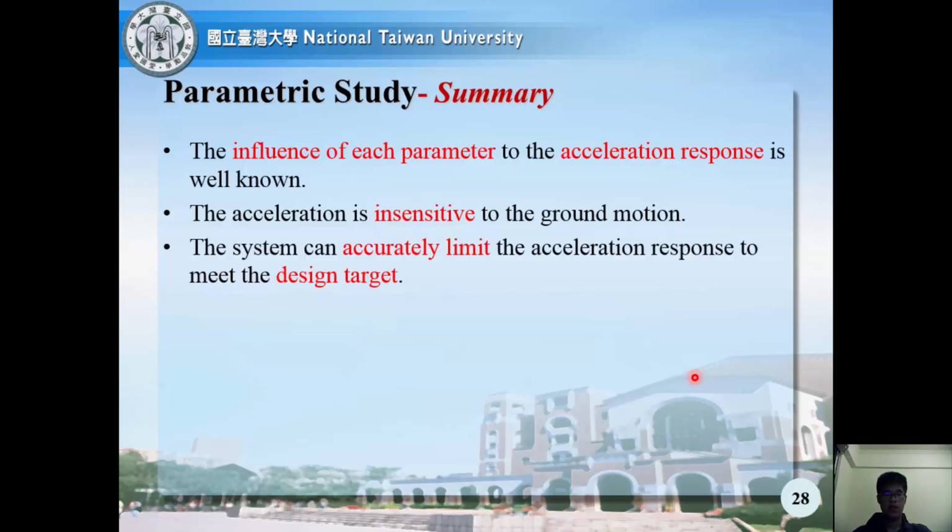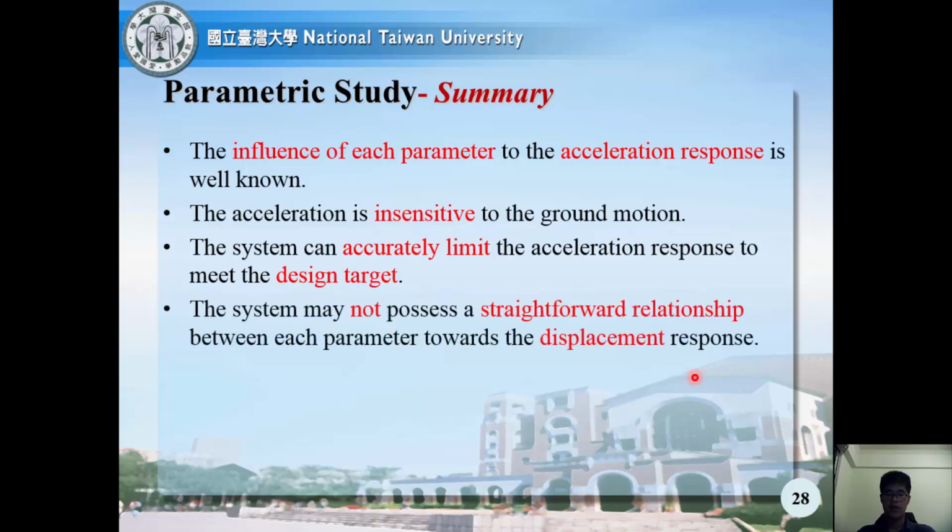The system can accurately limit the acceleration response to meet the design target. And finally, the system may not possess a straightforward relationship between each parameter and the displacement response, so it may suggest that if we need to predict the displacement response of our system, it will be better to use the simulation method.